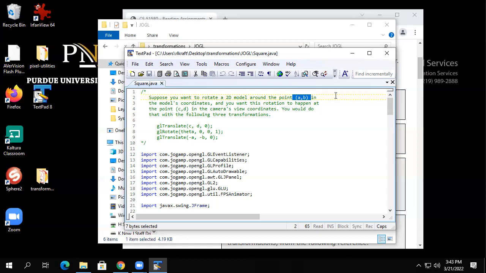Here's a vertex in the square. So that's one of these 4 vertices. What do I want to do to that vertex? I want to translate that vertex by -A, -B.